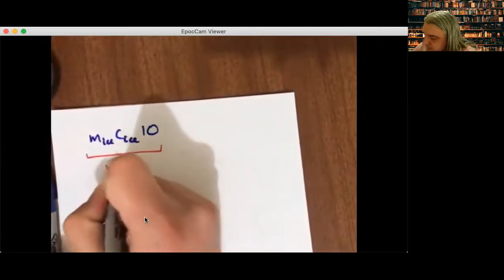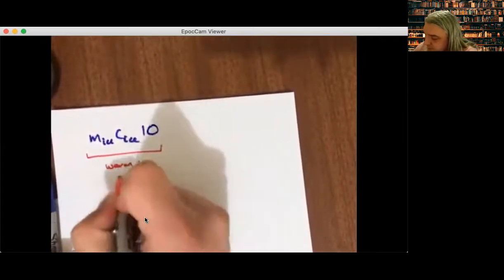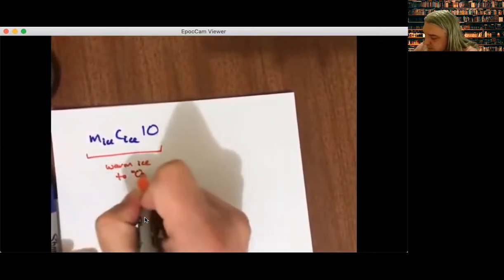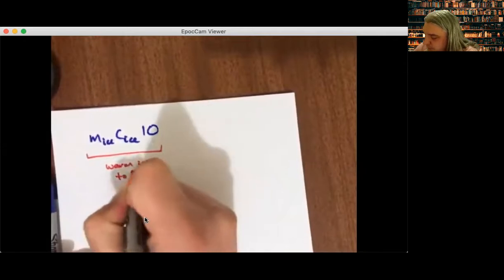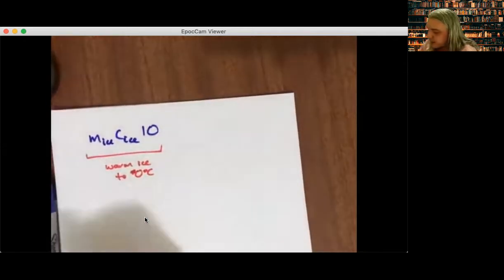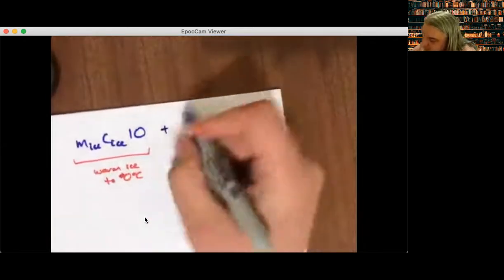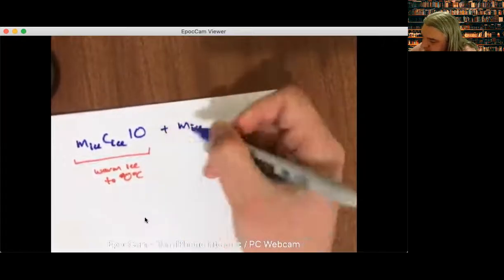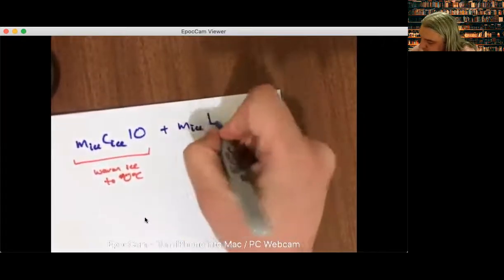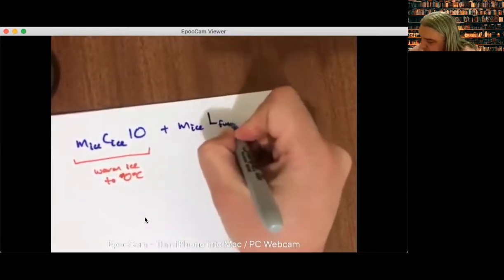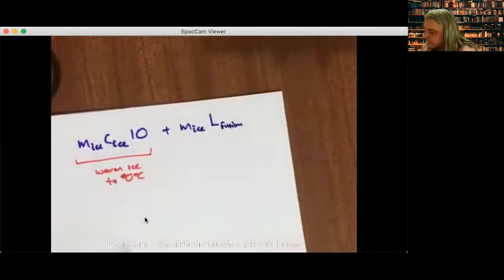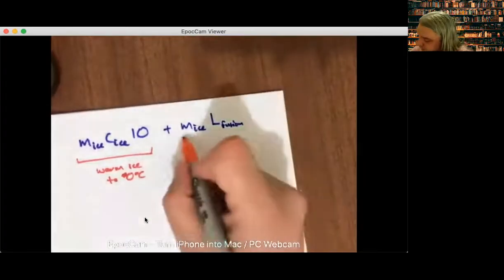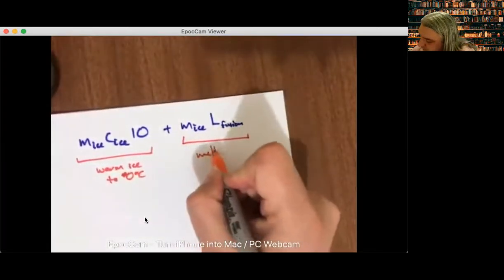So that's to warm the ice to 0 degrees C. Then we have ice, so we have to melt it: M ice times the L of fusion, the latent heat of fusion. This is to melt the ice.